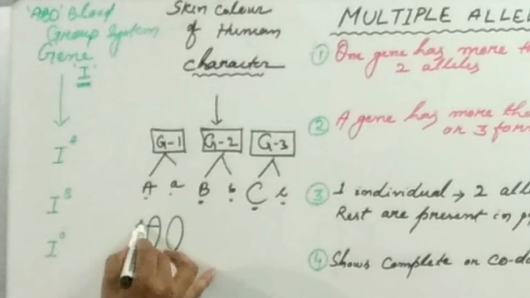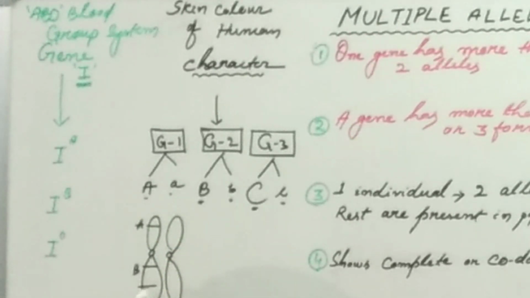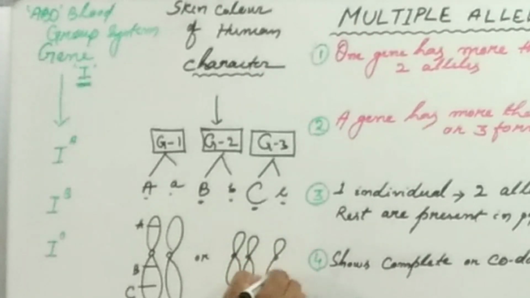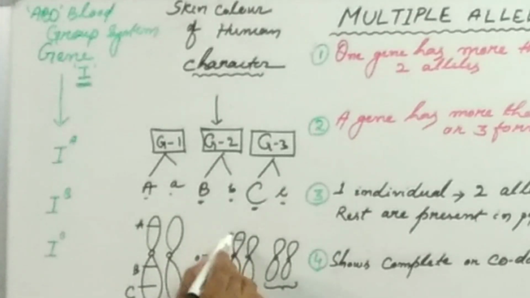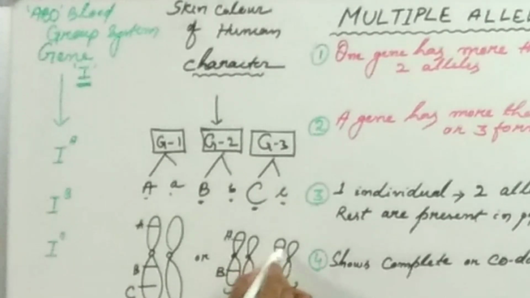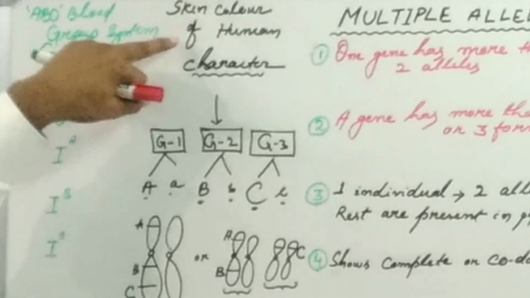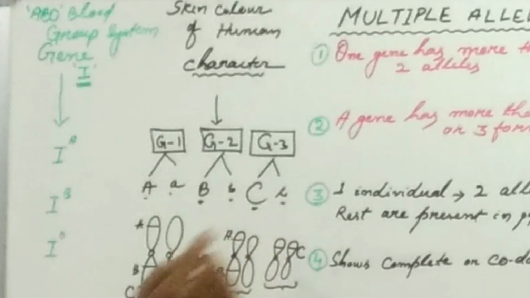Suppose here is A, here B and here C. So three genes are present on a single homologous chromosome pair at different loci. Or these genes may be present at different loci of different homologous chromosome pairs. Suppose here A and B are present, but the gene C is present elsewhere. So in the case of skin color of humans, or polygenic inheritance, these genes may be present at different loci of the same chromosome or of different chromosomes.